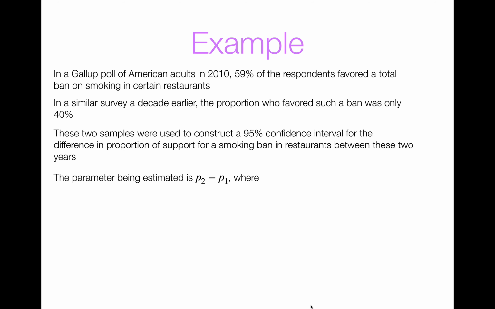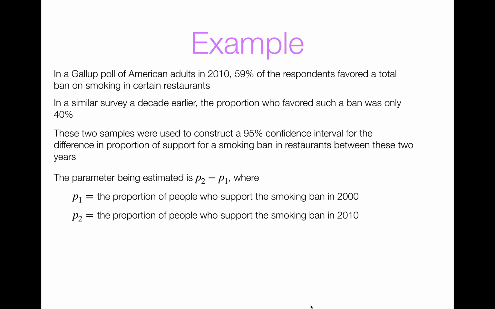The parameter we're estimating here is P2 minus P1, where P1 is the proportion of people who supported the ban in 2000, and P2 is the proportion of people who supported the ban in 2010. Remember, every time we use a symbol, we have to define it, and that is especially important whenever you have more than one symbol.